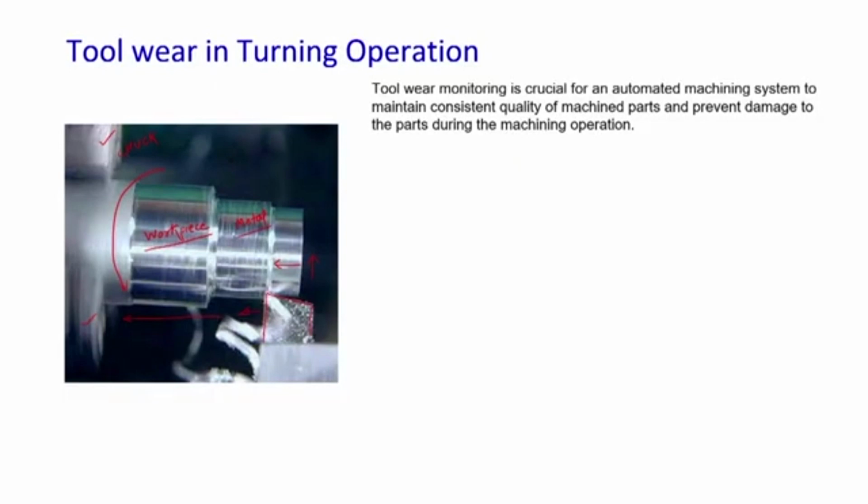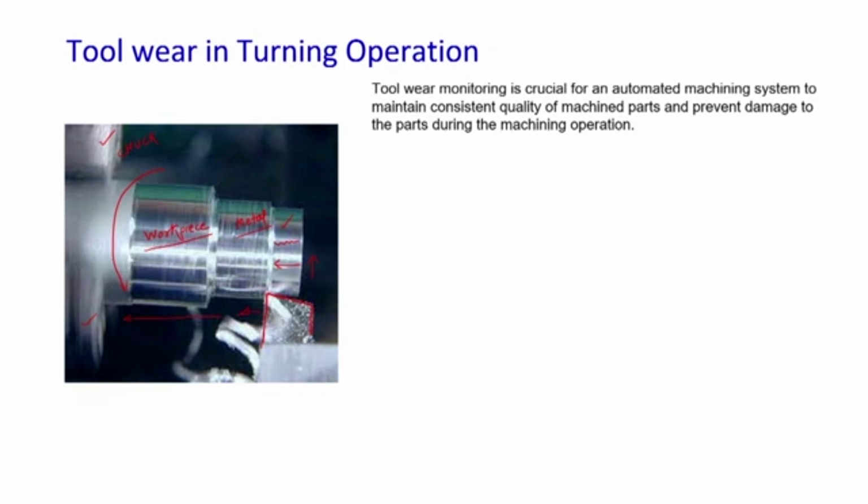Here you can see, if the tool is accurate and not worn out, we get a smoother finish of the machined portion. However, if the tool is worn out, then we may not get a proper surface finish on the machined portion.